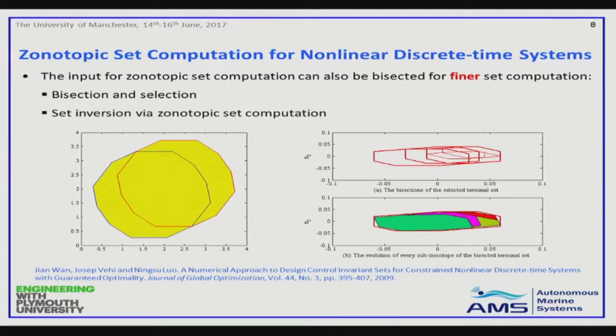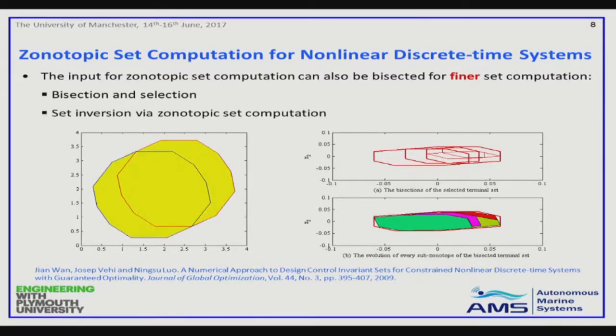We extended the idea of bisecting an interval to bisecting a zonotope. That is an advantage because we want a finer set computation: if we cannot draw a conclusion for the bigger set, we can always draw one for the smaller ones.